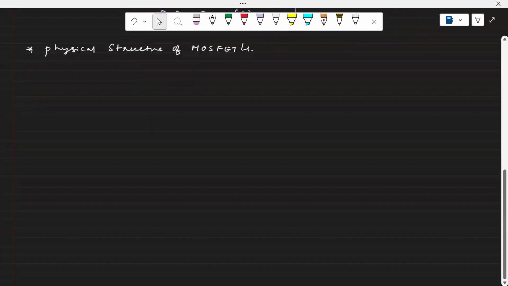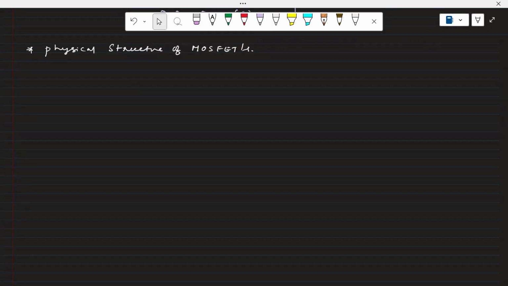So what is the MOSFET? Well, is MOSFET a 3-terminal device or a 4-terminal device? Huh? 3-terminal device. Okay, fine. Let us take this one.